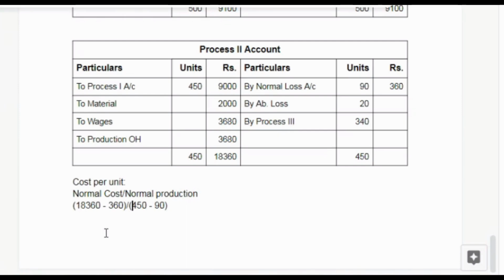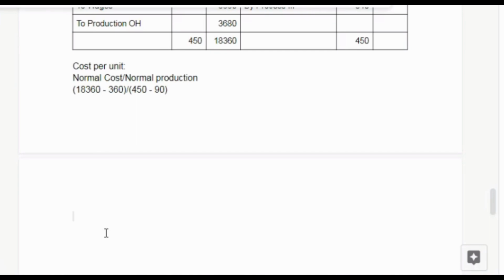So normal loss in short બંને બાજુથી માઇનસ થાય છે. રૂપીસ માંથી રૂપીસ માઇનસ થાય અને યુનિટ માંથી યુનિટ માઇનસ થાય છે. And finally what happened? 18,360 minus 360. Your answer is 18,000 divided by 450 minus 90. What is the amount? 360, I think.